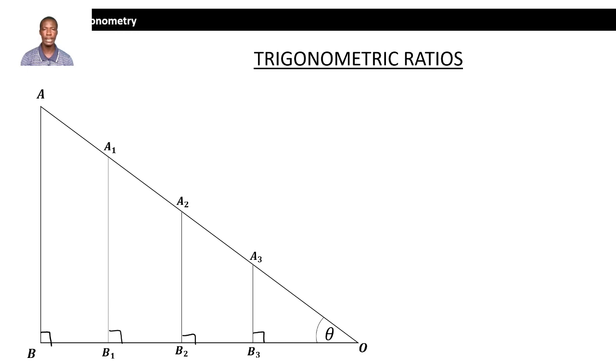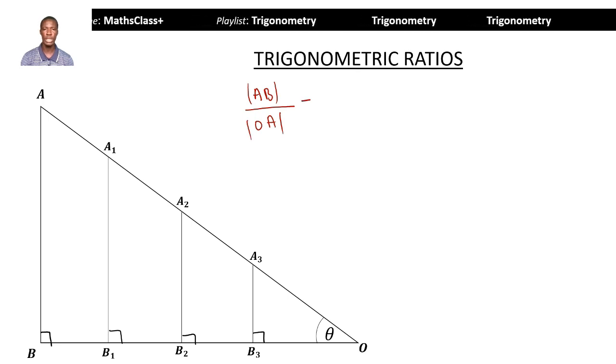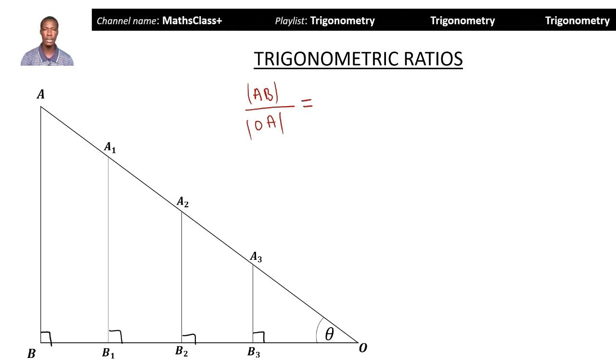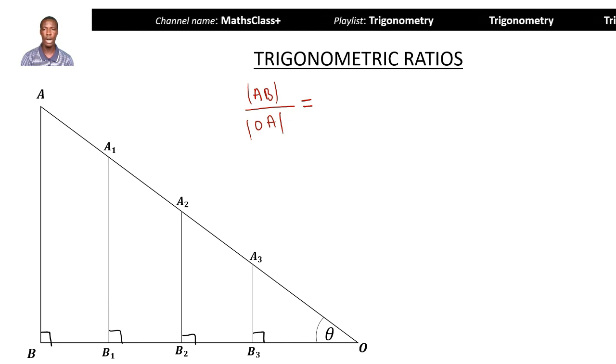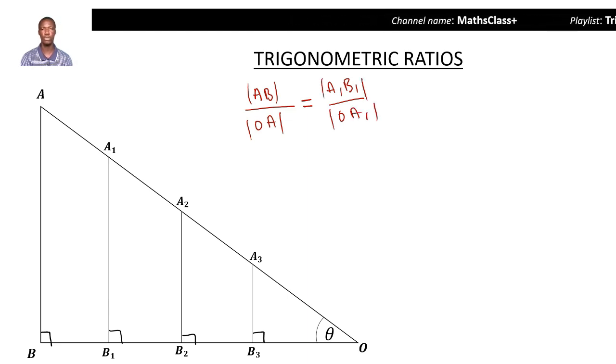So if I take a side opposite the angle, so AB, this side is opposite the angle, divided by the longest side, which is the hypotenuse, OA, it should be the same. This ratio should be the same as that of the second triangle. So A1B1 divided by OA1. And it should be the same for all the triangles.